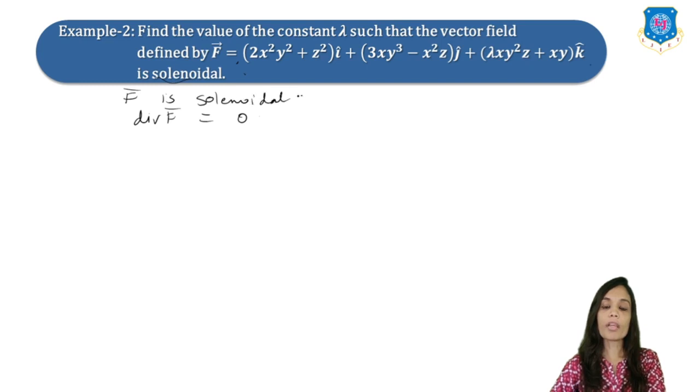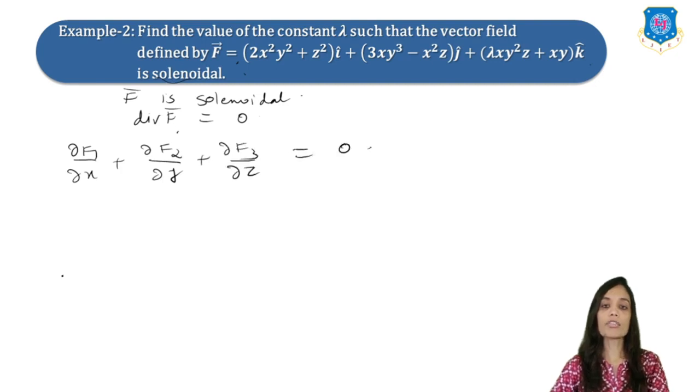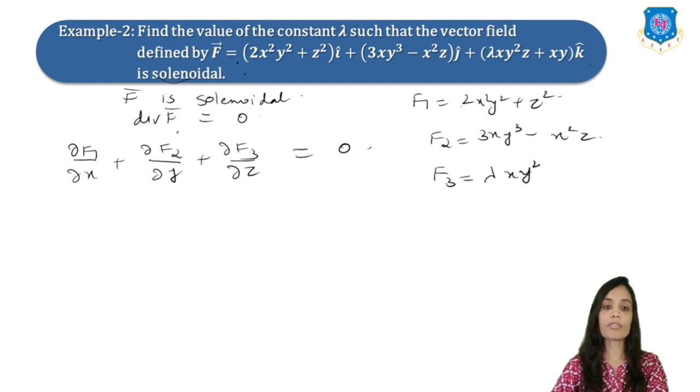Okay. Now, we know the formula of divergence of f bar. It is del f1 upon del x plus del f2 upon del y plus del f3 upon del z, equal to 0. Now, you can see our f1 is 2x square y square plus z square, f2 is 3xy cube minus x square z, and f3 is lambda xy square z plus xy.